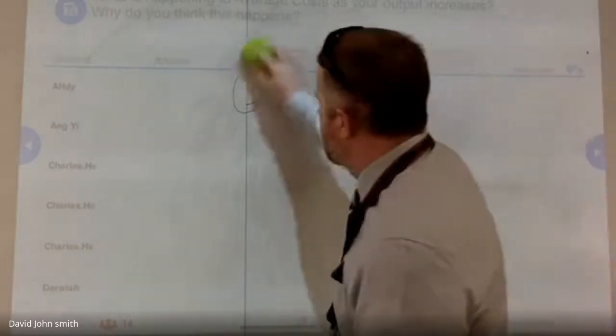What is happening to average cost as your output increases, and why do you think this happens? There you go, have a guess based on what we were just discussing. What's happening to average costs as your output increases?